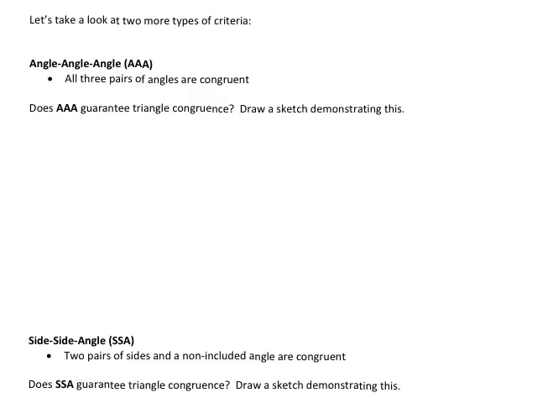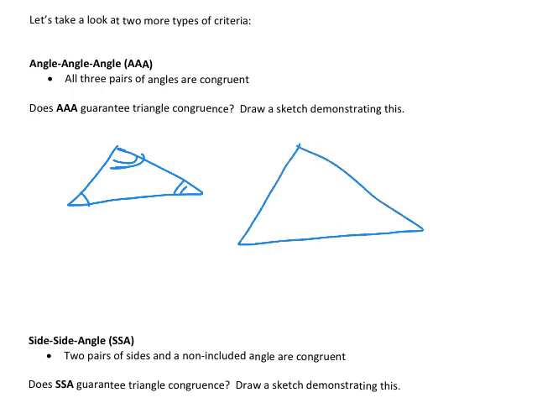Now we have to be careful because there are two situations that do not work. If we look at angle, angle, angle, if all three pairs of angles are congruent, that is not sufficient to say the triangles are congruent, because I can have a triangle with congruent angle measures but different side measures.